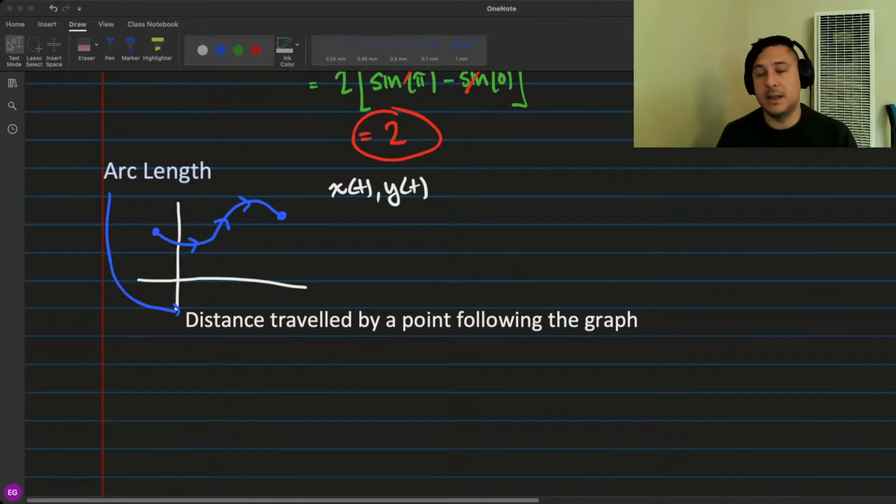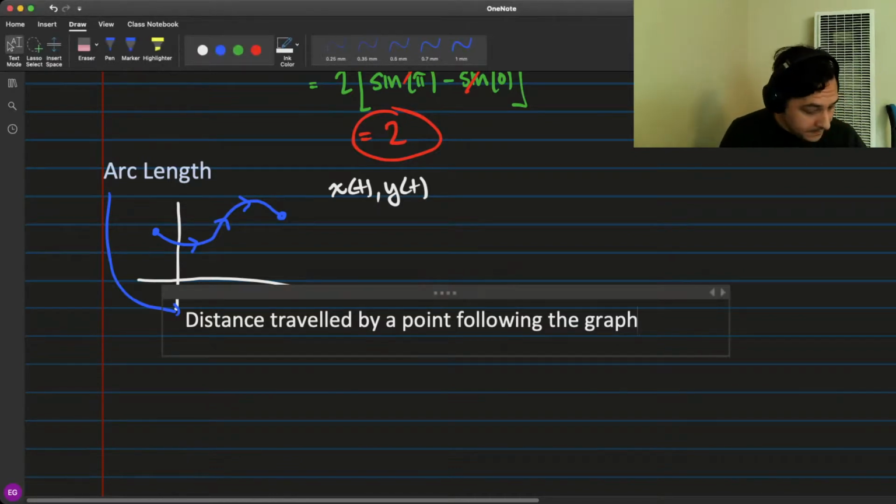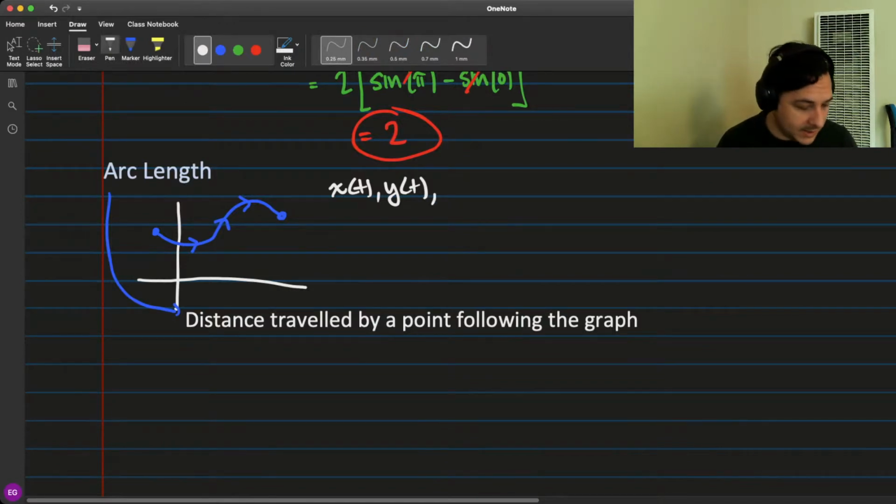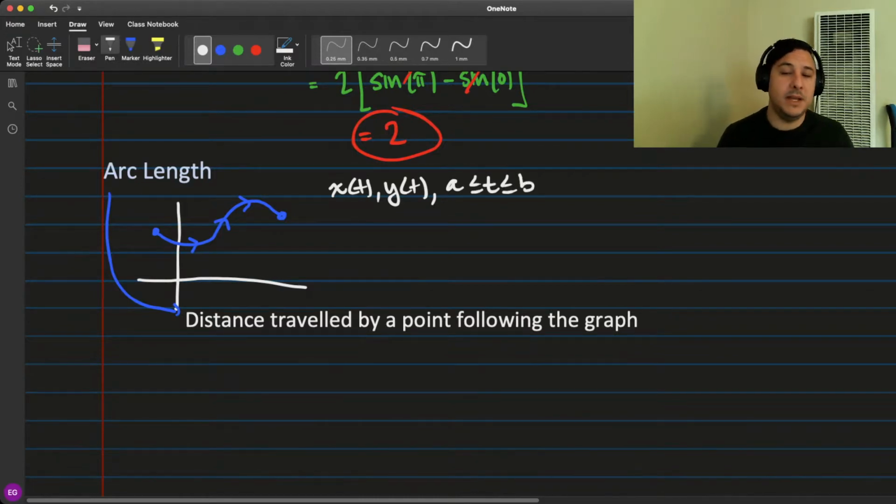So when we say arc length, that's what we mean. So you have your x of t, your y of t, and your t value will go from a to b. So a and b refer to t values, not x or y values. We use the letter s to refer to arc length. So whenever you see an s, you know that it's the length of a point moving along a graph.